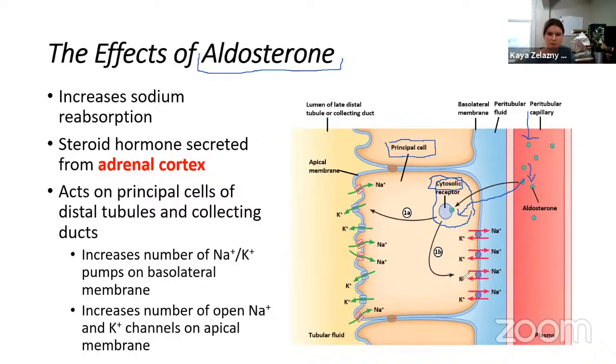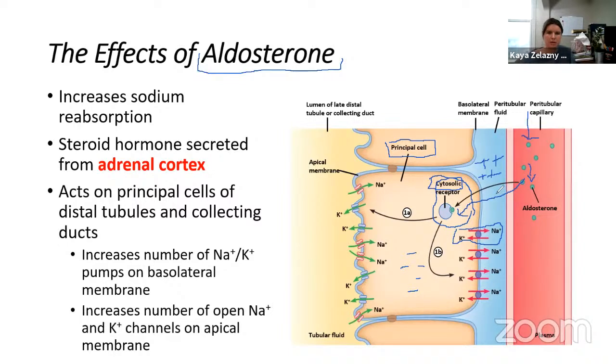So one of the two actions of aldosterone in these principal cells in the distal tubule and collecting duct is that it's increasing the number of sodium-potassium pumps on the basolateral membrane. All right, this means it's also going to be really increasing these gradients a bunch, right? So before we had just a couple of these, now we're going to really increase our sodium concentration here in the peritubular fluid. And we're going to seriously decrease our sodium concentration inside, in the cytosol of that principal cell.